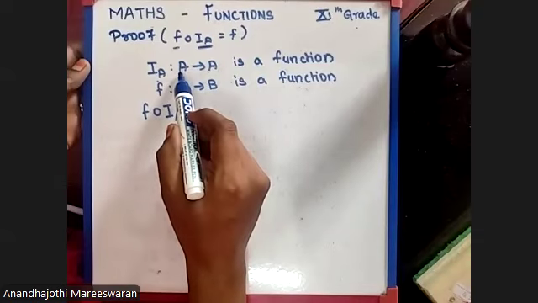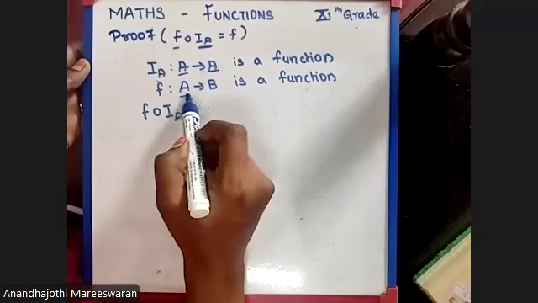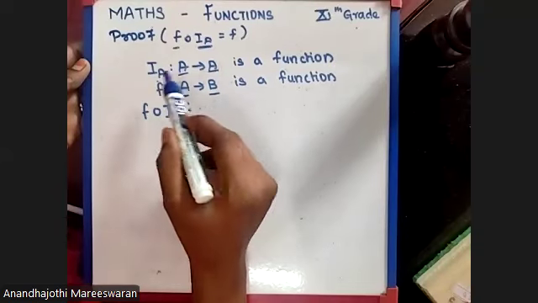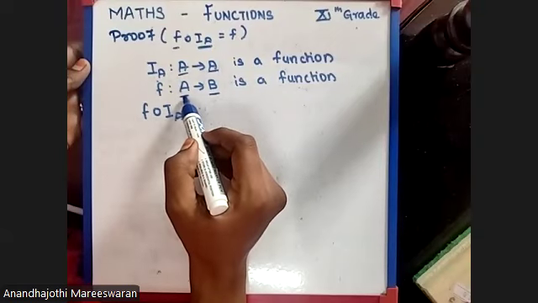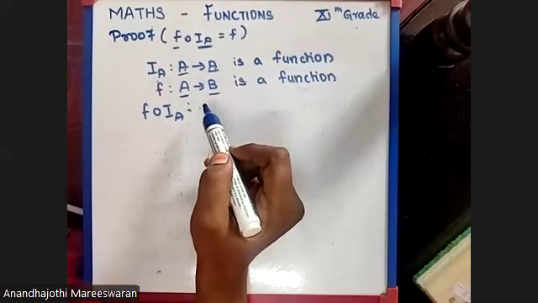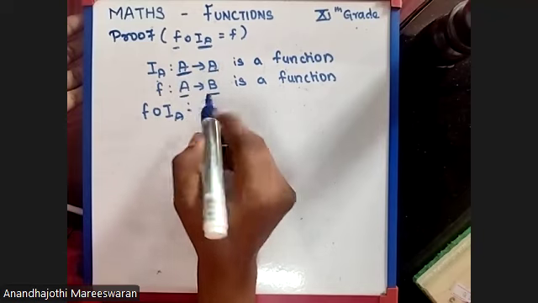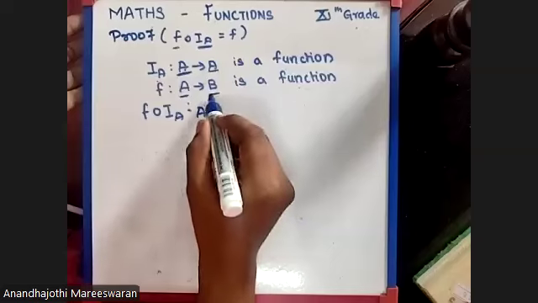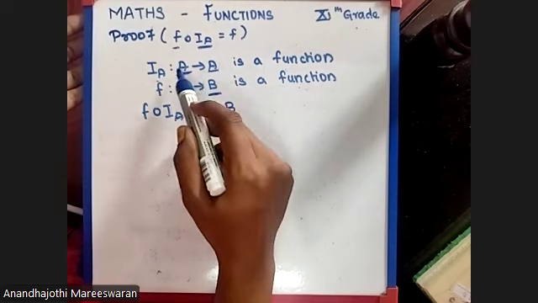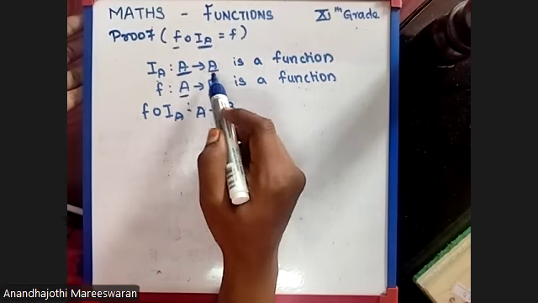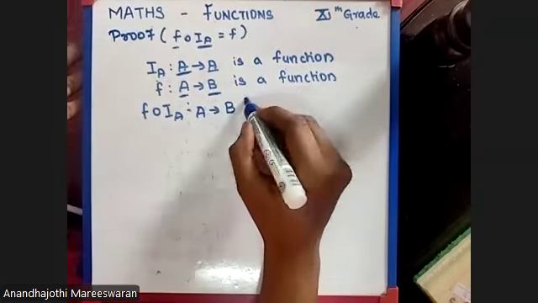See, here A is a domain, A is a codomain; A is a domain, B is a codomain. IA's codomain and F's domain are the same. So the final domain and codomain will be the domain of IA maps to the codomain of F. Likewise, you simply cancel it out and directly take this, when these both are the same. It is also a function.